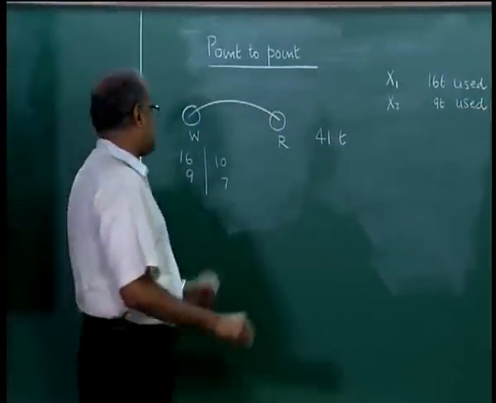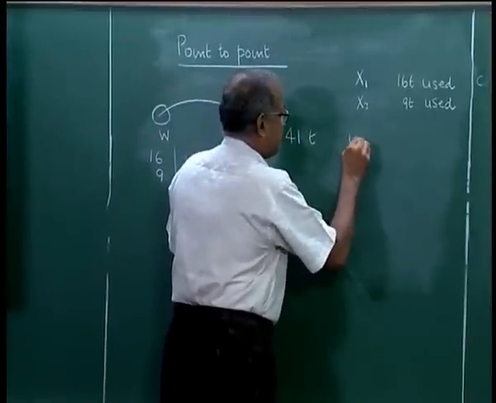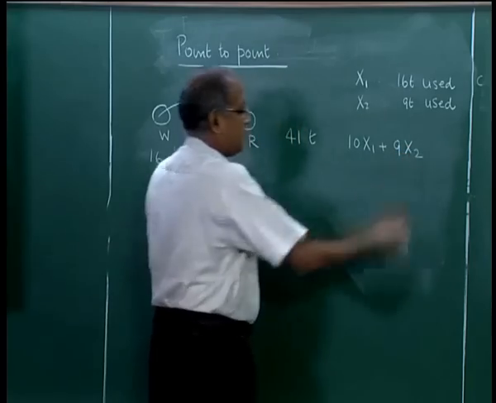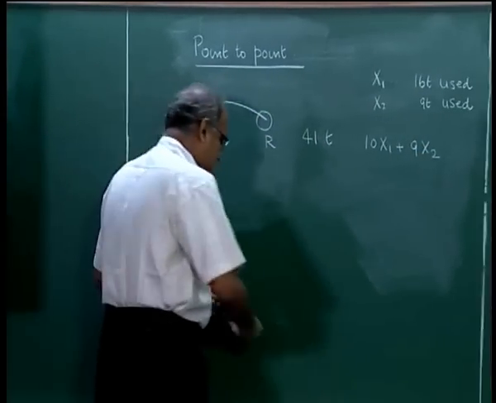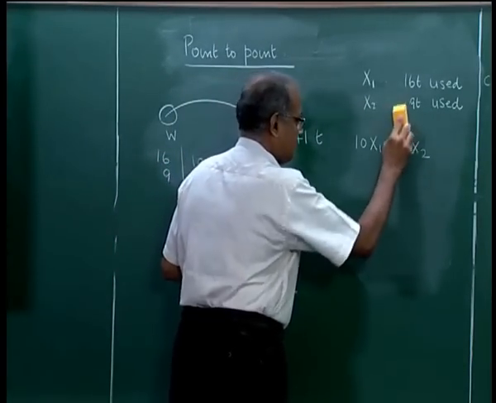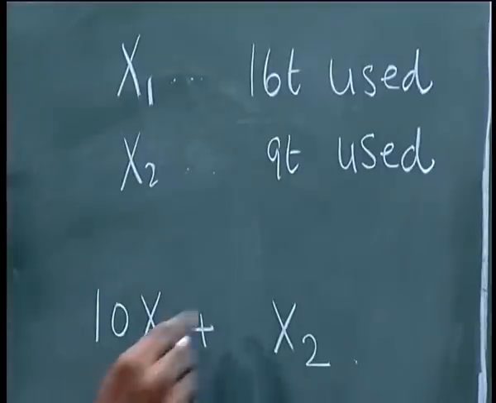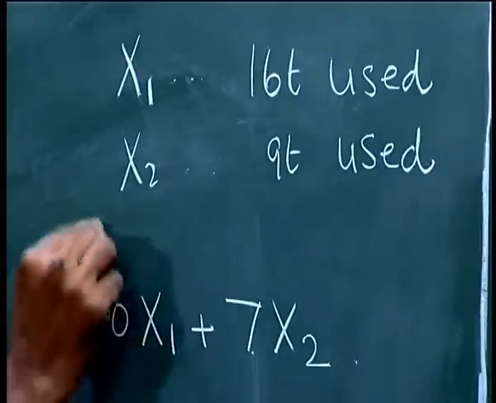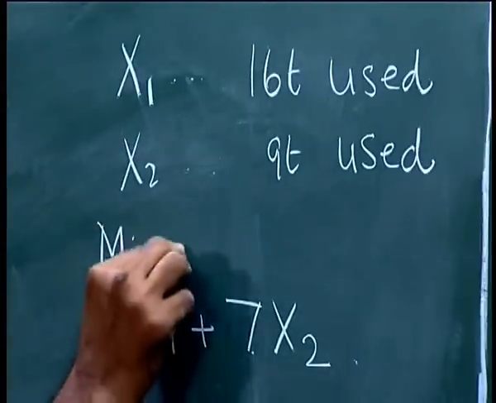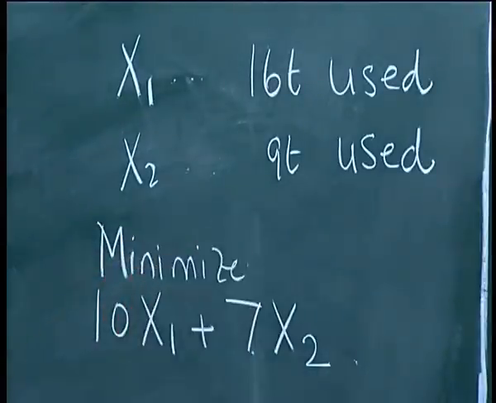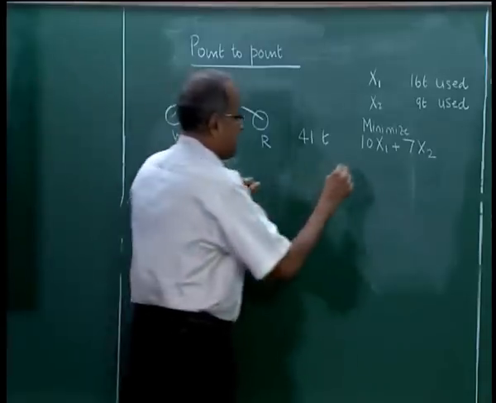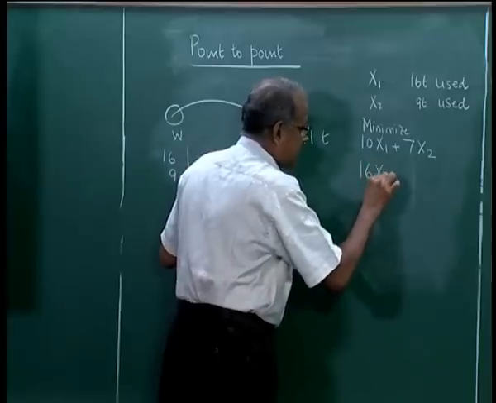So, the total cost will now be 10x1 plus 7x2, which has to be minimized, subject to, if I am using x1 trucks of this type, I can carry 16x1 items.